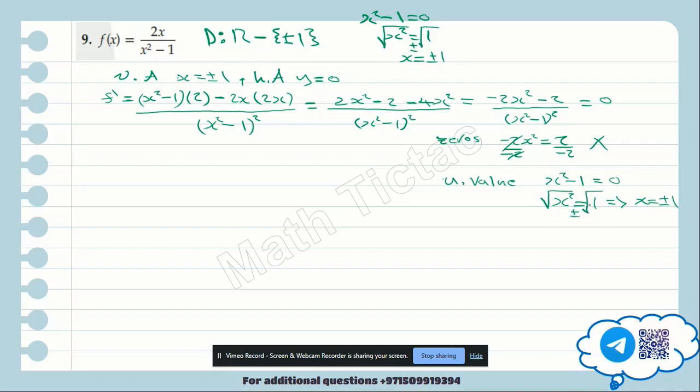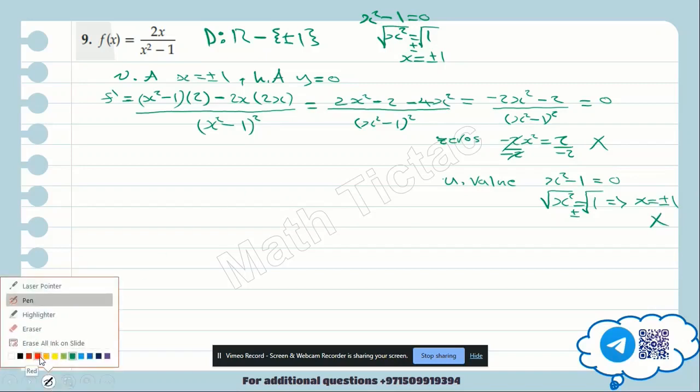Now what about if these numbers are included in our domain or not? Obviously they are not included. Since we have said at the beginning it's R minus positive and negative 1, so they are not included. But even though they are not included, we can take them in the number line.